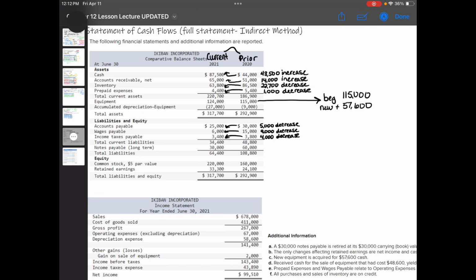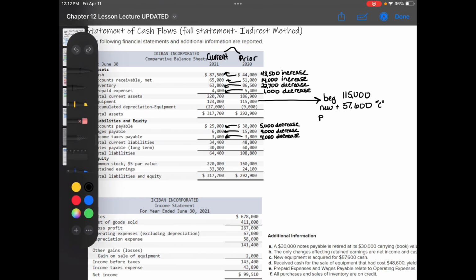And then we also know from note D, so I'm going to put D here so that we can go back and look if needed, that we sold equipment. And the cost, which is the important thing that we need, was 48,600. So that's going to be a negative amount. So that came from letter D.